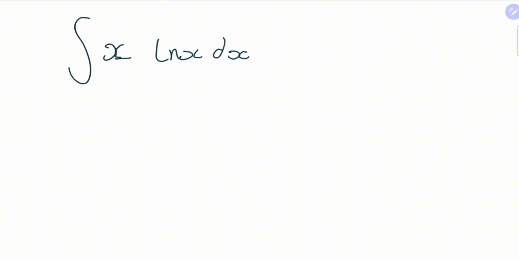Okay, so first we need to get u, v, du, dv, all that. So we're going to set u equal to the natural log of x. The reason we're doing this is because the derivative of the natural log of x is 1 over x, so that means that du equals 1 over x dx.